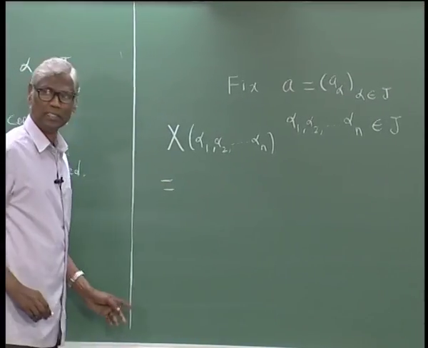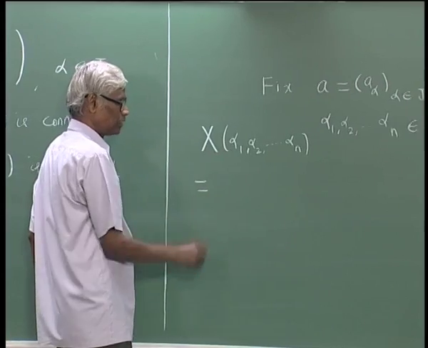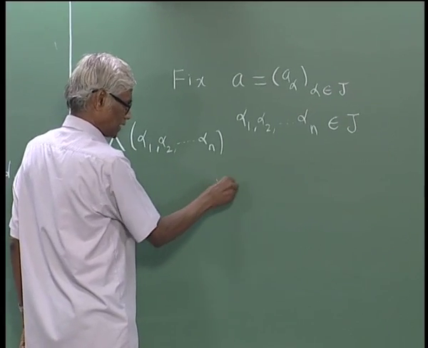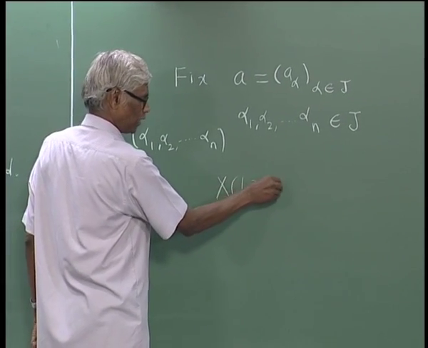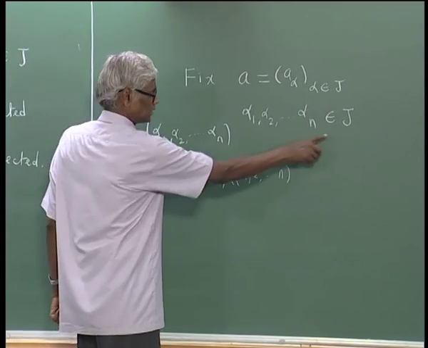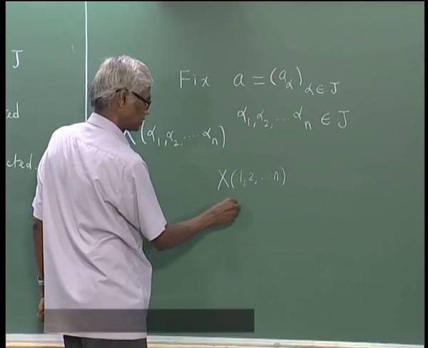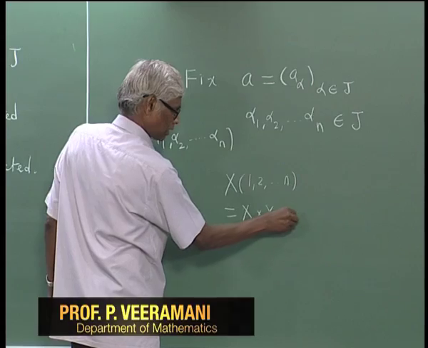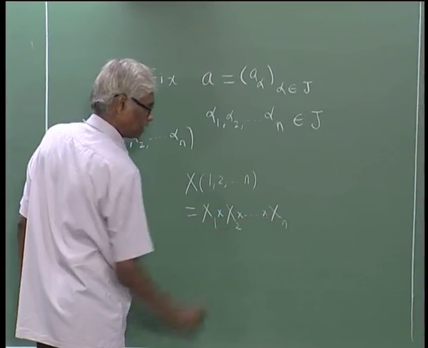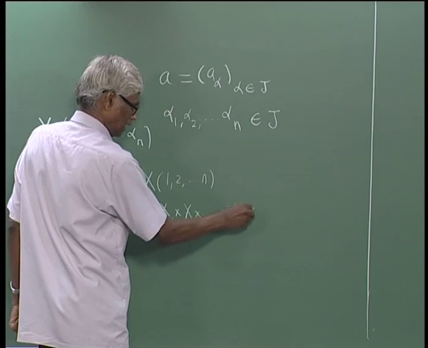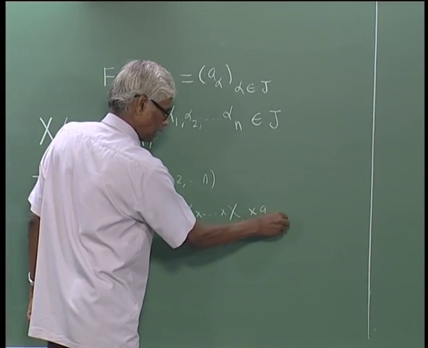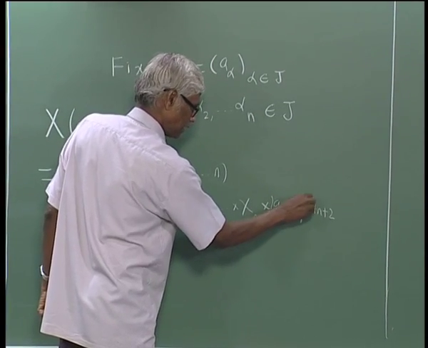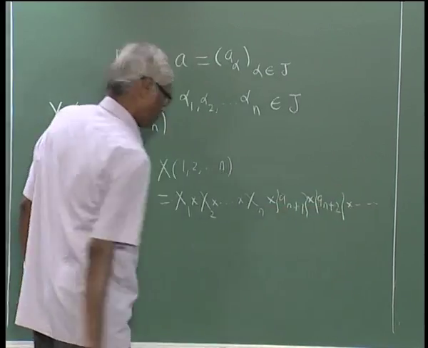It is similar to saying that if the index set is the natural numbers, we would have written this as X_1 cross X_2 cross ... cross X_n, then A_{n+1} cross A_{n+2}, which means they are singletons, cross etc.